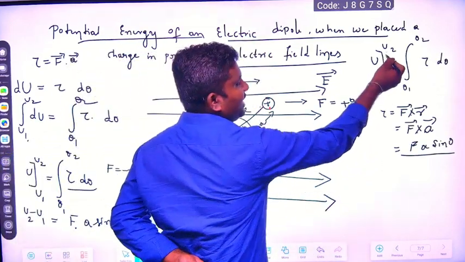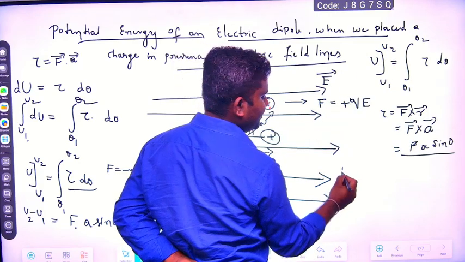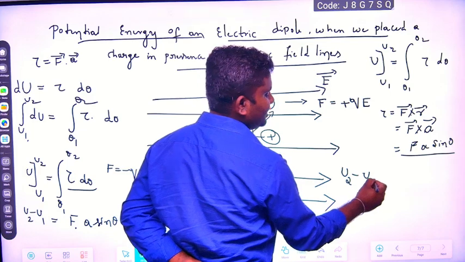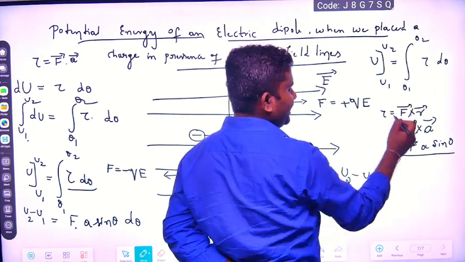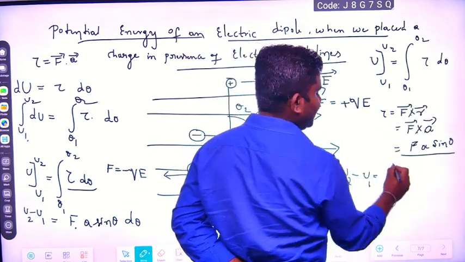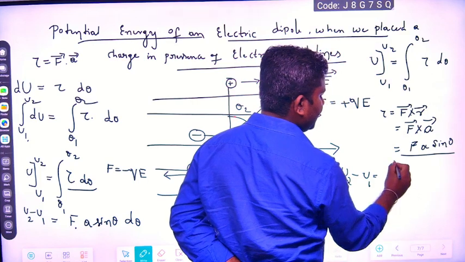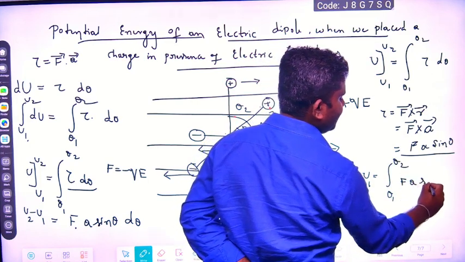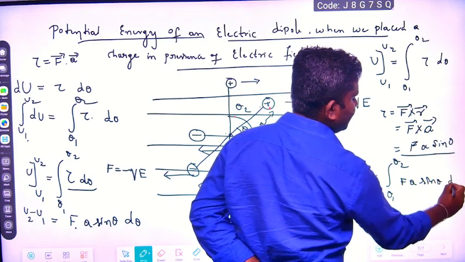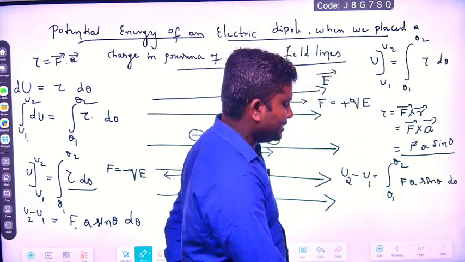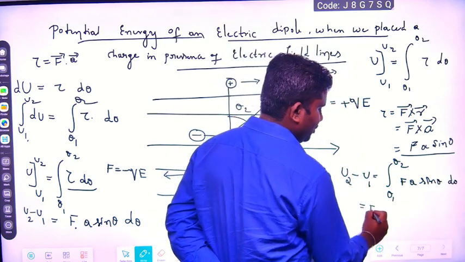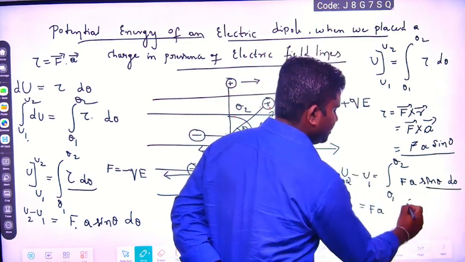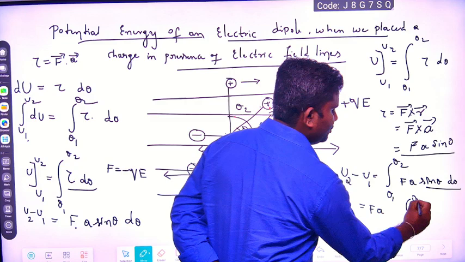Take the upper limit in the place of U, which is U2, minus the lower limit U1, which is equal to the integration from theta 1 to theta 2 of F A sin theta d theta. Take FA out: F into A, integration of sin theta d theta from theta 1 to theta 2.